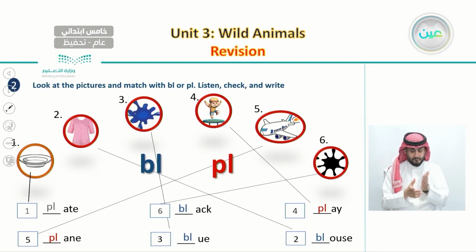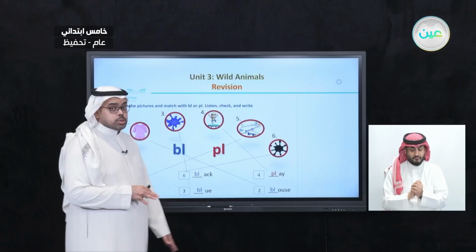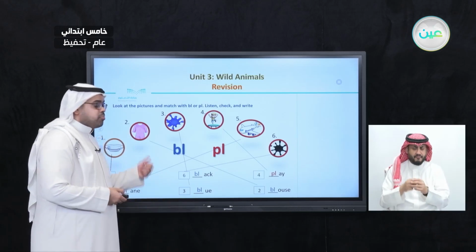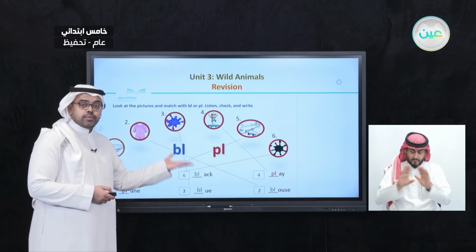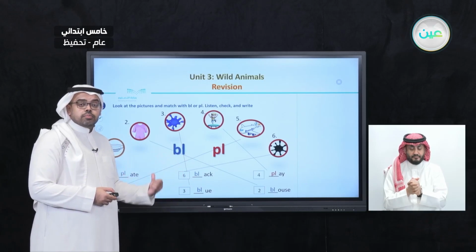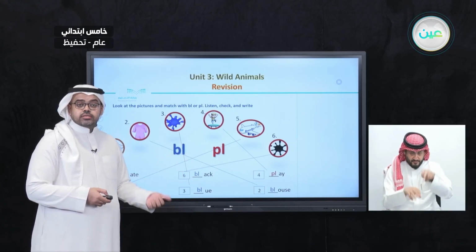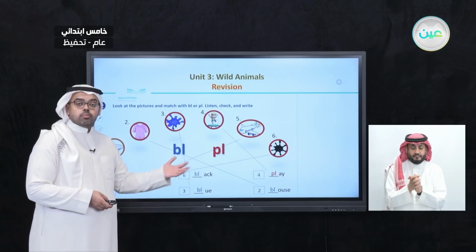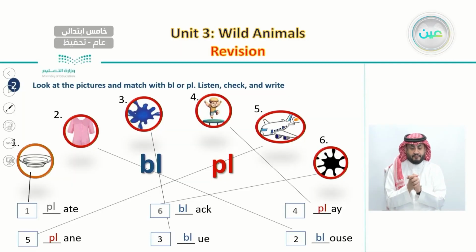And of course, finally, blouse, blouse. Say it with me. Blouse. So now, I'm very sure we can name some words that start with the PL sound, as in play, plane, and plate, and also words with the BL sound, as in blue and blouse.